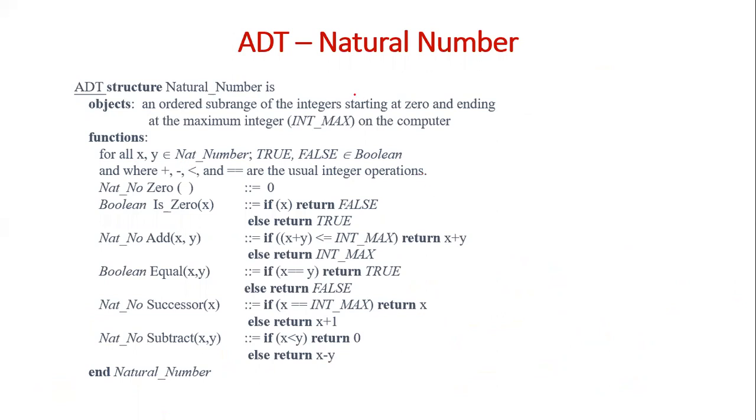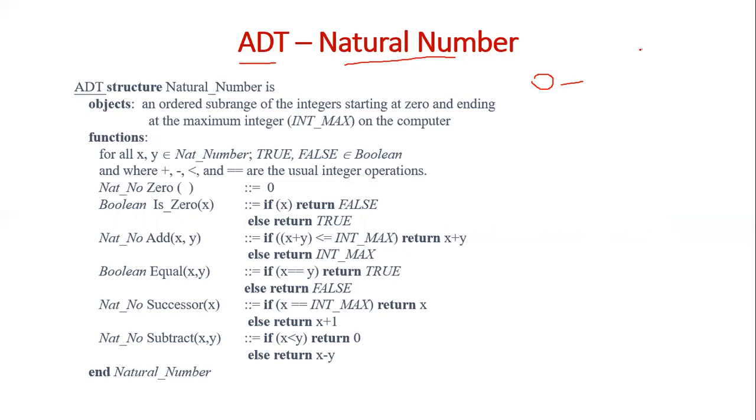Here is an example for the abstract data type. The abstract data type we are taking here is natural number. Natural numbers are numbers starting from 0 and covering all positive numbers, right? But if you want to implement this in any programming language, you cannot go up to infinity.